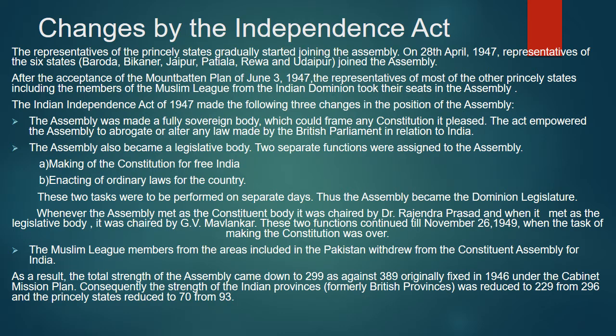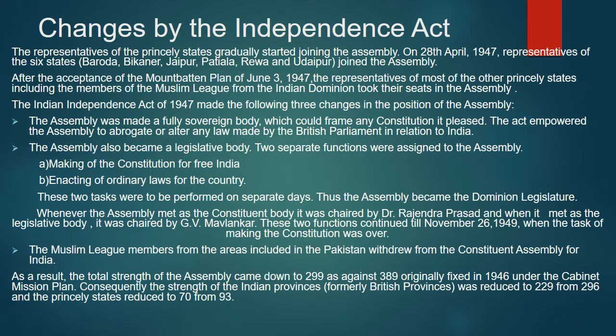The Assembly also became a legislative body, that is, it has 2 functions: making of the constitution for free India and also enacting of ordinary laws for the country. So these 2 tasks were performed on separate days. Thus the Assembly became the Dominion legislature, that is the first legislature of India.